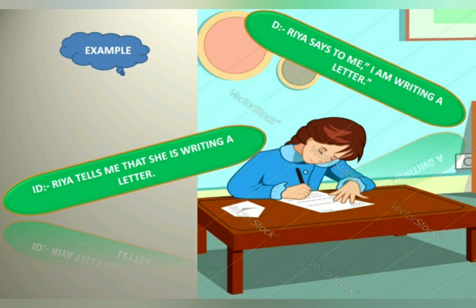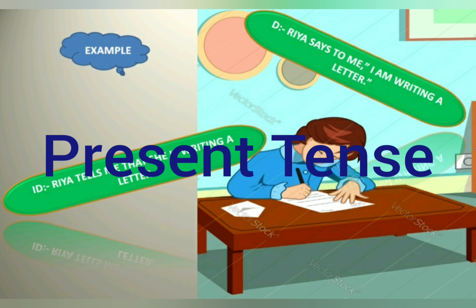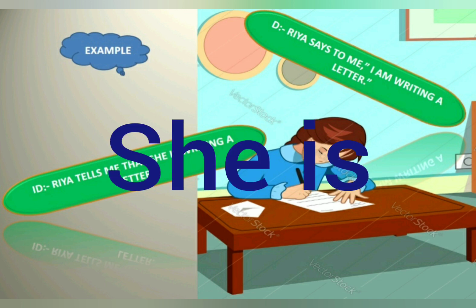Here you watch that because the reporting verb is in present tense, the tense of the reported speech, which is also present tense, is not changed while converting into indirect speech. When we read direct speech, we see that in the reported speech, am is used with I to represent present tense. And while converting into indirect speech, is is used with she, which is also present tense.